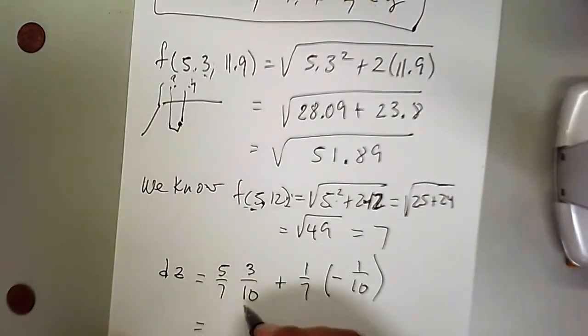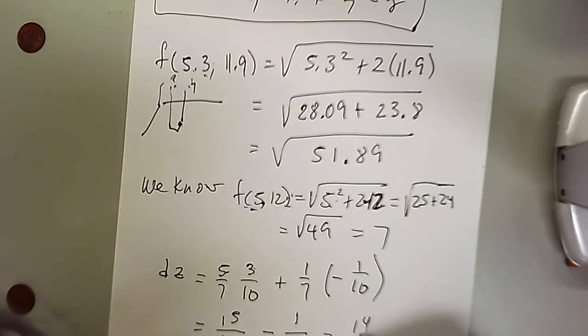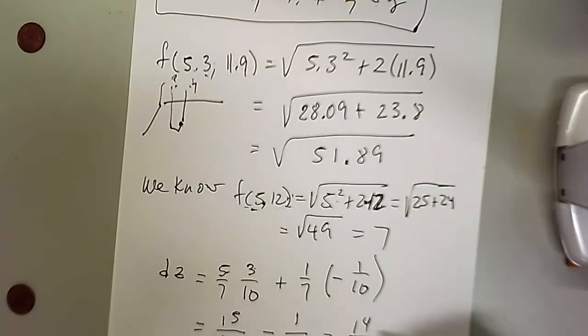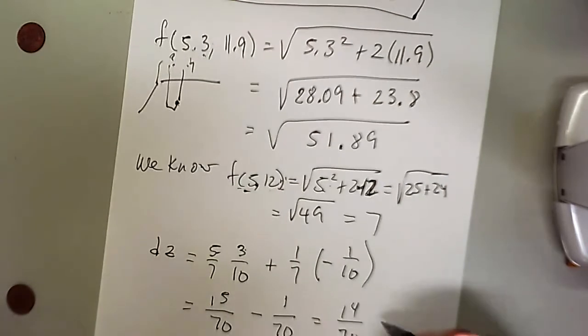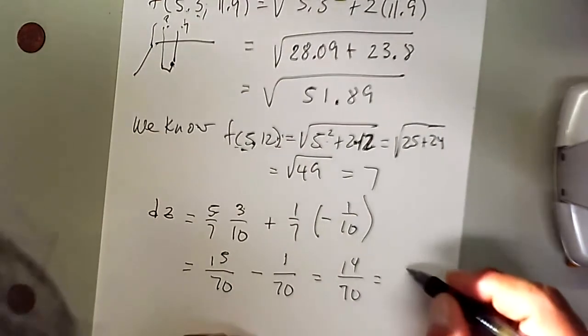All right, that's going to be 15 over 70, minus 1 over 70. That is 14 over 70. Boy, that's working out without even realizing it.